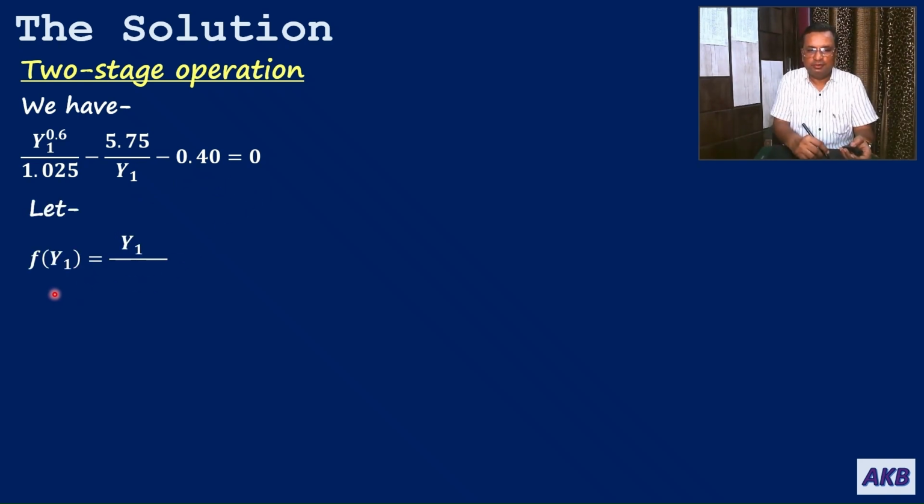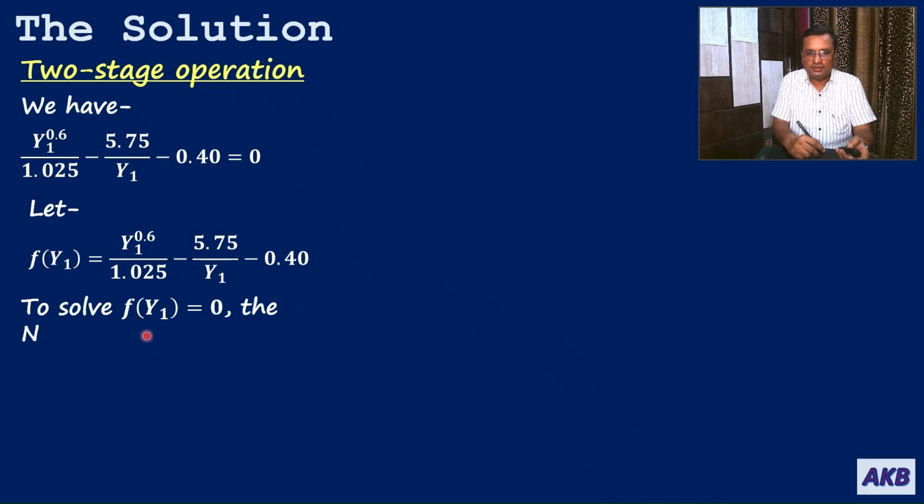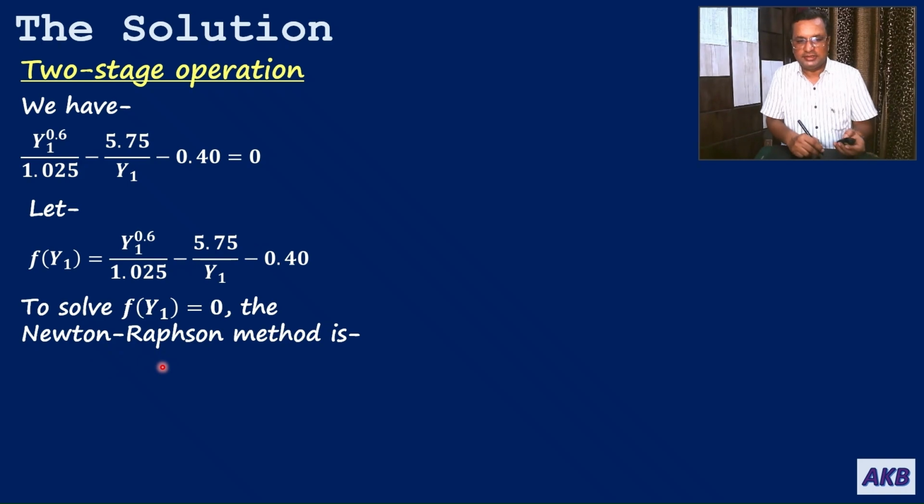Now I will denote this as some function of y1, so I am going to call it function of y1 is equal to y1 raised to 0.6 divided by 1.025 minus 5.75 divided by capital Y1 minus 0.40. To solve f of y1 is equal to 0, we are going to use the Newton-Raphson method, as I said earlier.